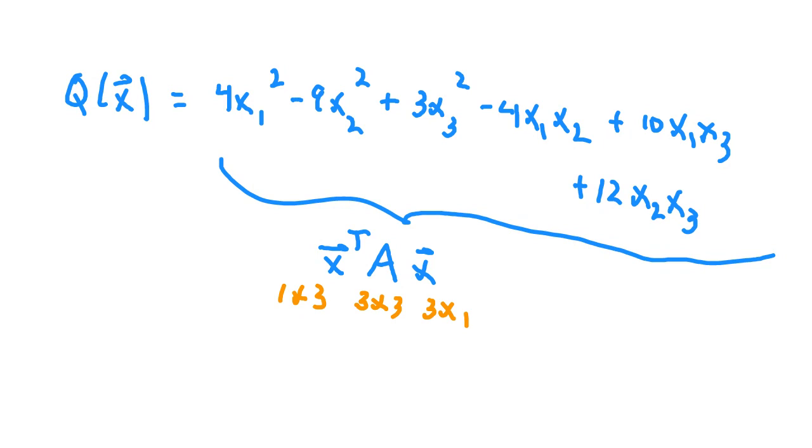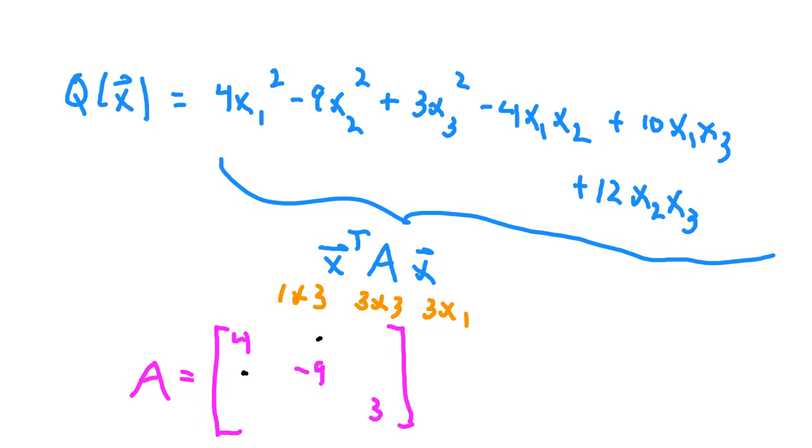So the matrix A, along the diagonal we have 4, -9, and 3. What are these two entries here going to be? The entry in the first row, second column, and the entry in the second row, first column.